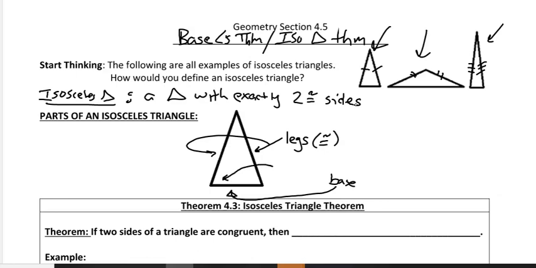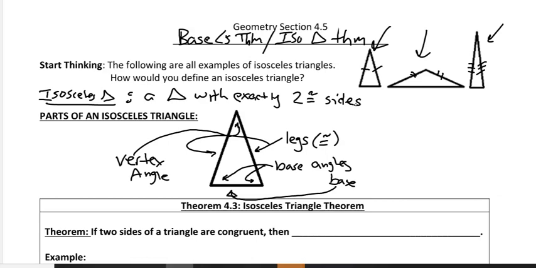These ones right here are called the base angles. Up there is called your vertex angle. And those are all the parts of an isosceles triangle.